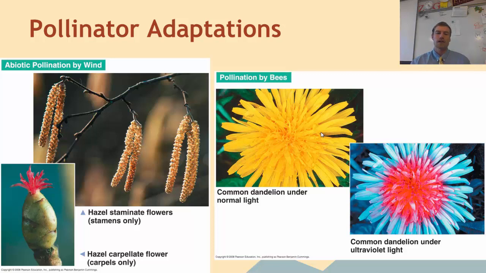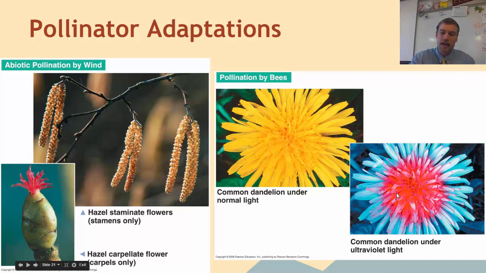Now, attracting pollinators is a huge deal for plants because they need to transport their pollen around. We can either have pollination by wind, which is an abiotic factor. A little bit of ecology, remember from review from freshman bio. You can have either pollination by bees.